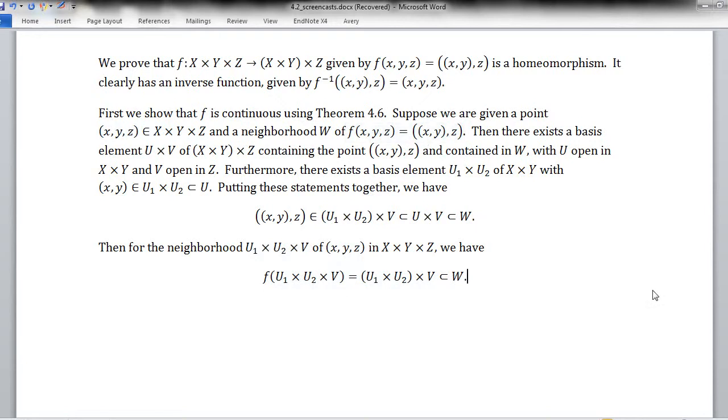Okay, well, that's a little hard to wrap your mind around, but hopefully we can at least understand it step by step. It's a lot easier showing that f inverse is continuous, okay, because this time the domain has a bunch more open sets, so we don't have to work as hard.